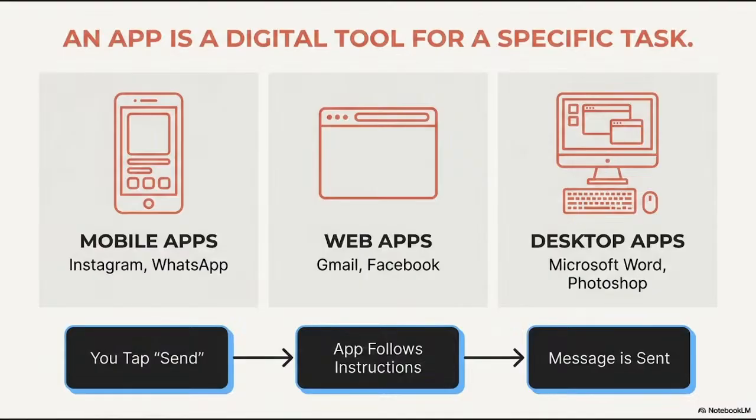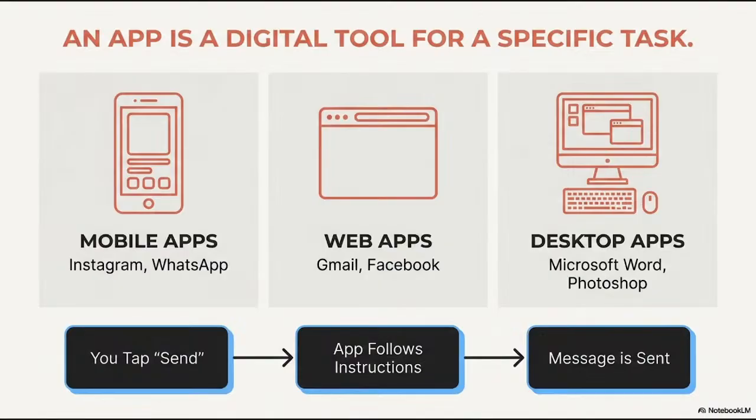For now you have to understand that an app is a digital tool that helps to do specific tasks. How it works, we will discuss in detail in our upcoming videos, and I think in these videos we also discuss some of them.